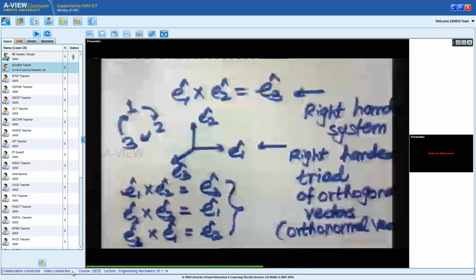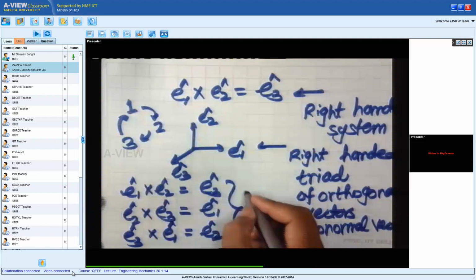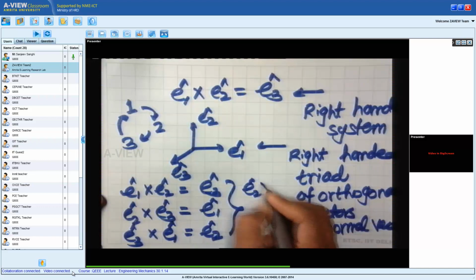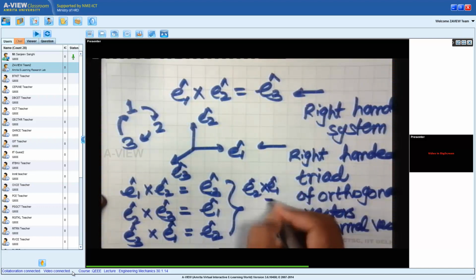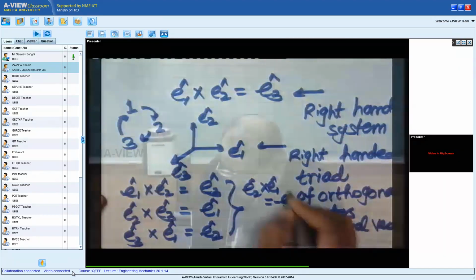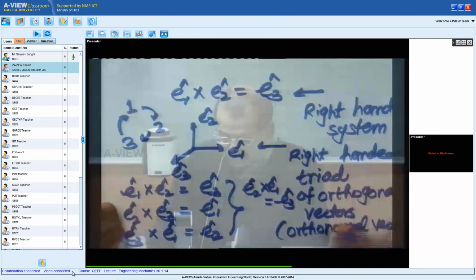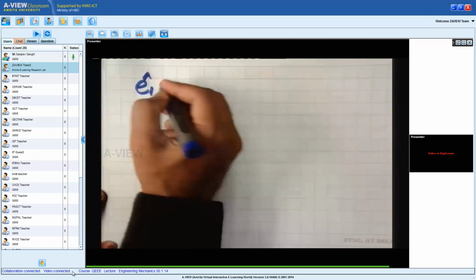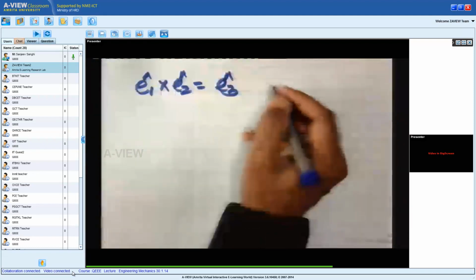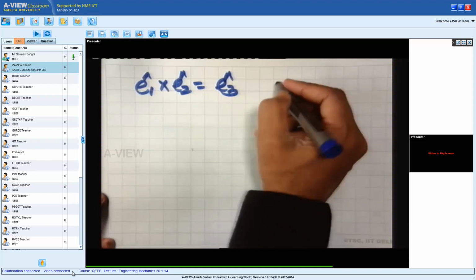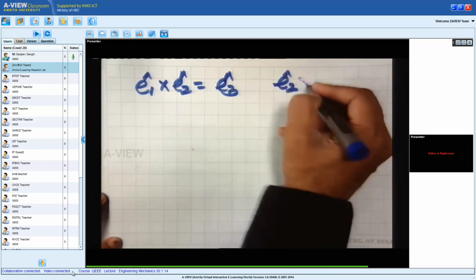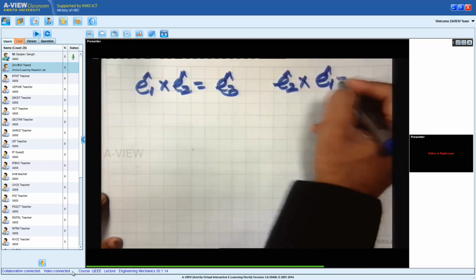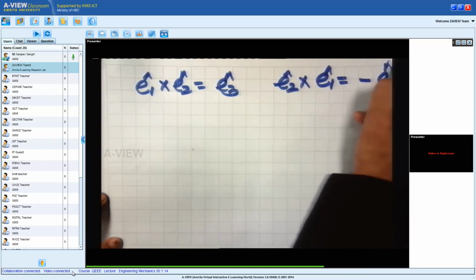And if you follow otherwise, if you look at E2 cross E1, this will give you minus E3. So let me put it very clearly. E1 cross E2 gives me E3. But if I reverse the order, that means I look at E2 cross E1, this will be minus E3.